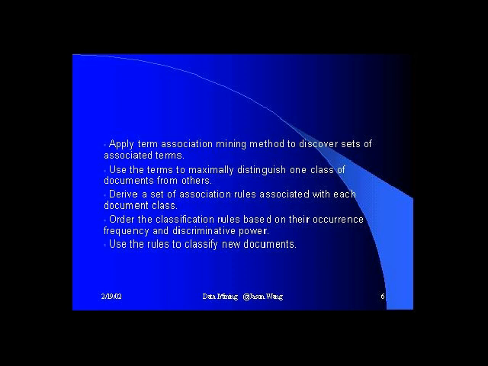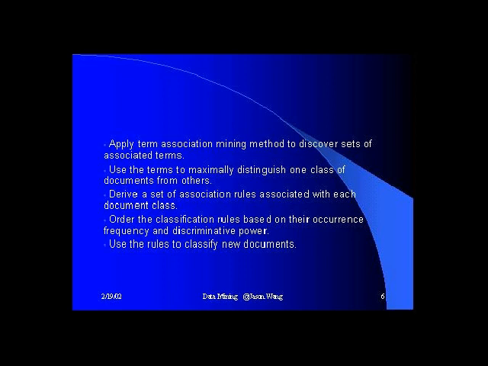Those keywords become important if they appear in high support, high confidence associations. So that means those keywords are significant. So that's another way to classify documents, by looking at the keywords and the association rules for each class of documents.